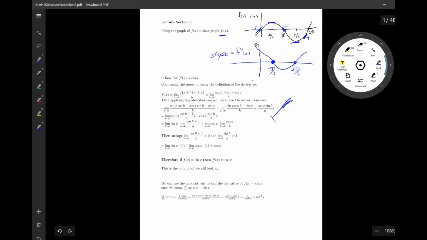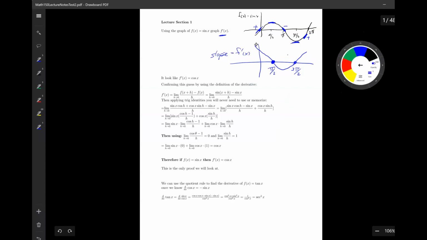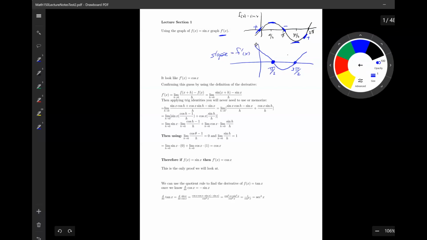So it actually is. The derivative of the sine graph is the cosine graph. And that's a little bit intuitive there. This is the definition of the derivative, right? If I used x plus h inside of sine, I used identities here that you will never need to know, but I'm just showing you.